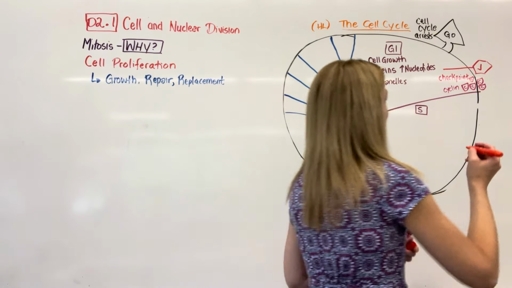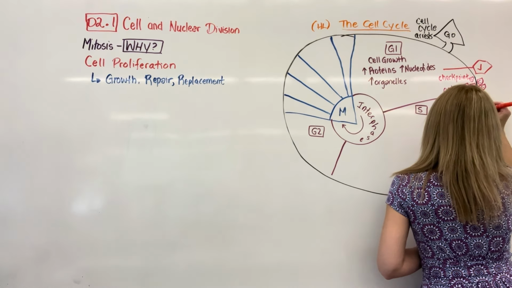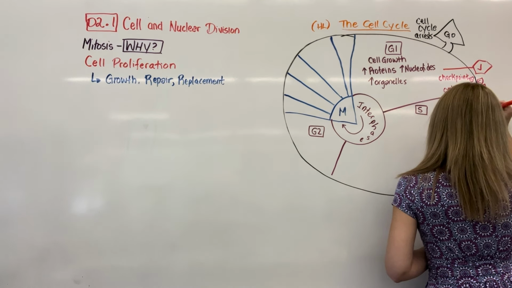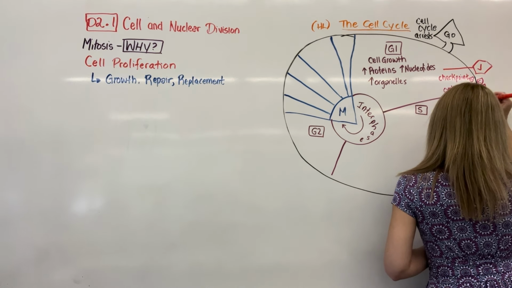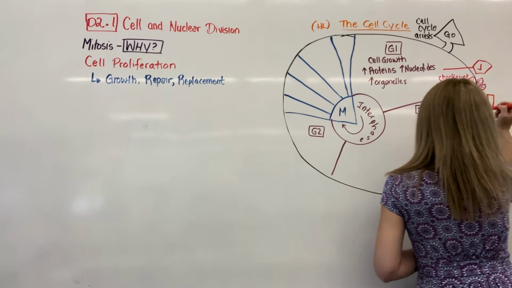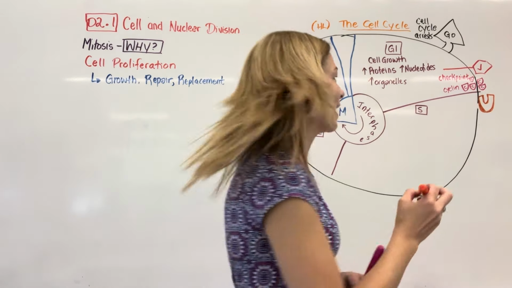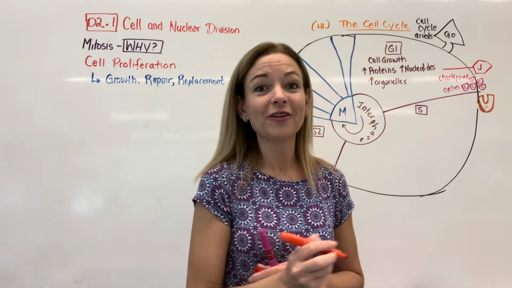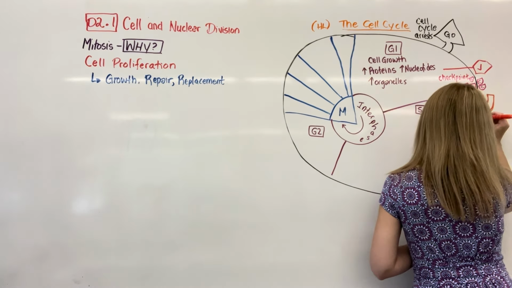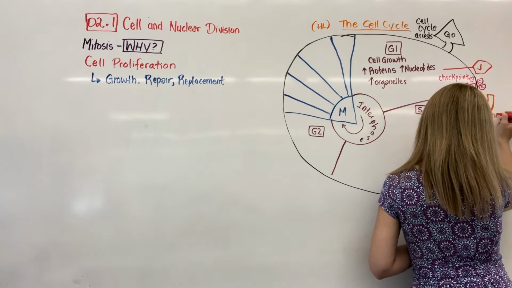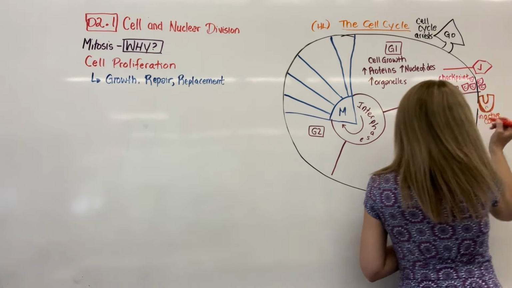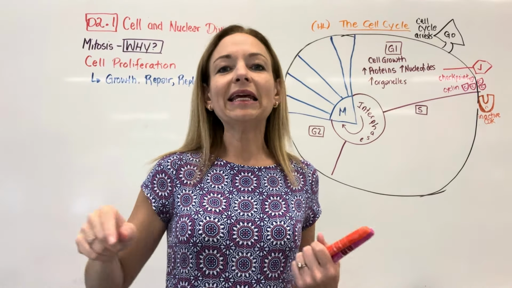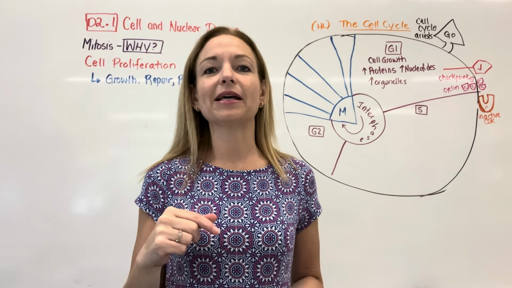Cyclin is important because it is what is needed to activate this protein called cyclin-dependent kinase. So this is an enzyme, because it ends in ASE, called CDK. And under normal circumstances, it is inactive. So this is my inactive CDK. And so cyclin-dependent kinase activity is needed to progress to the next stage of the cell cycle.